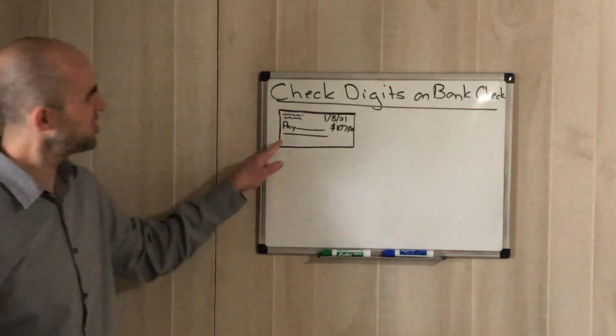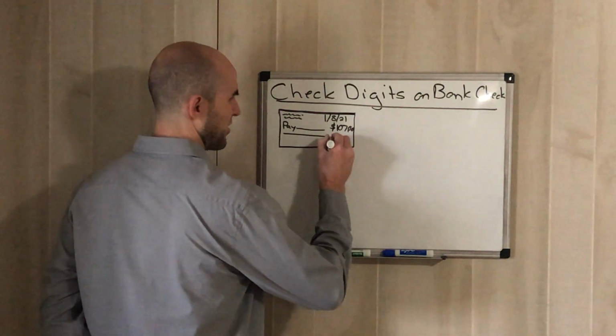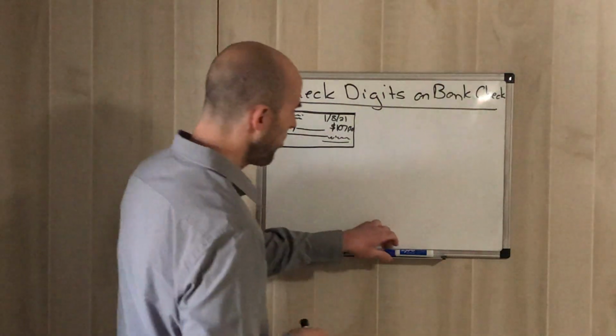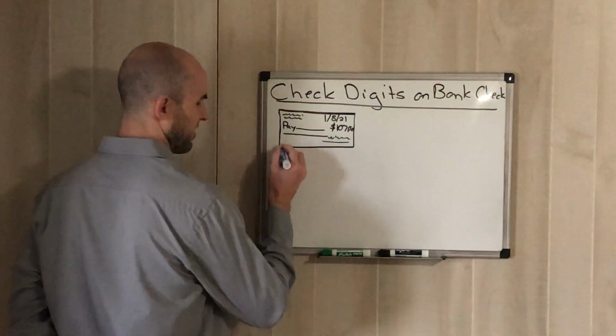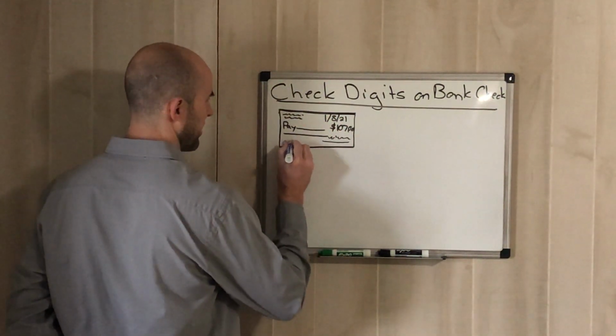And then there's a bunch of stuff down here, right? There's also a line here where you would sign your name. But then the most important thing, which most people never pay attention to, there's a number here. I'll even use this one already to start. There's usually a number down here.